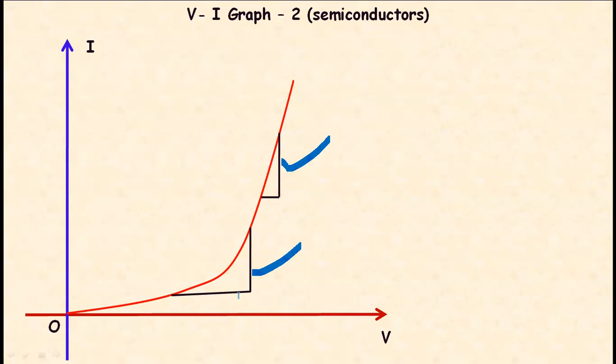It will be the same only when the trace is a straight line. So since the trace is non-linear, the slope will be different.